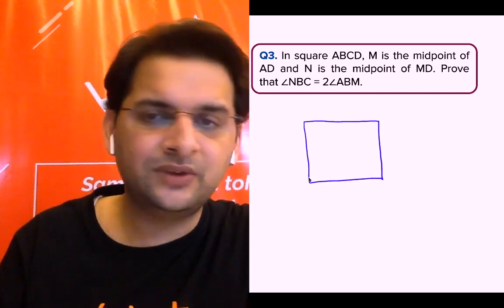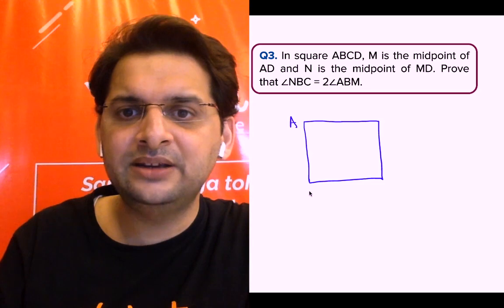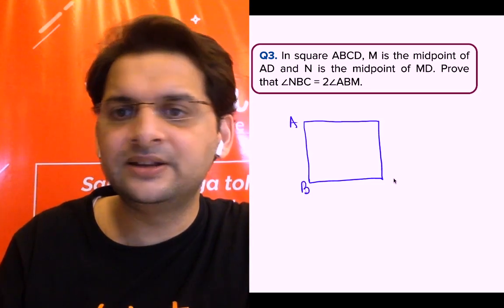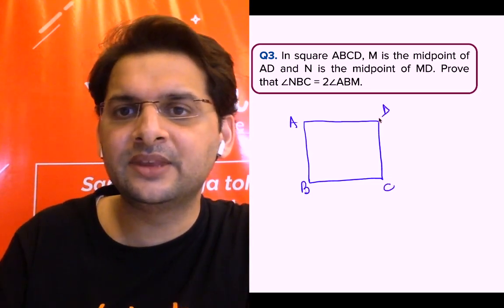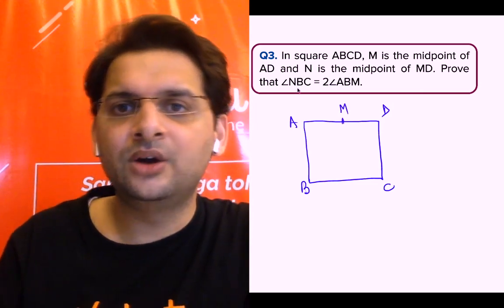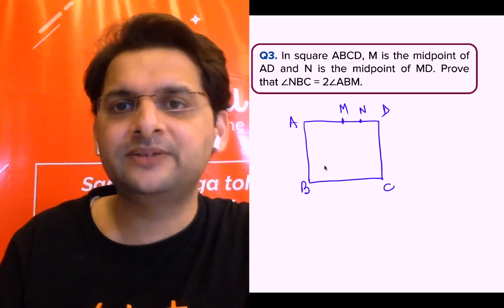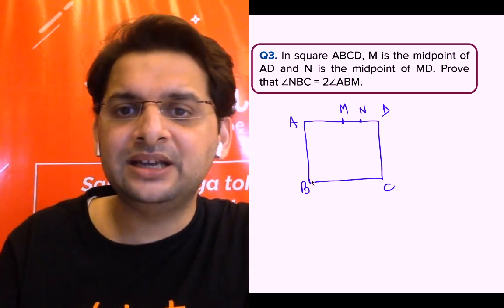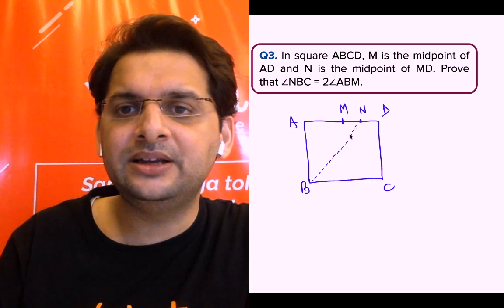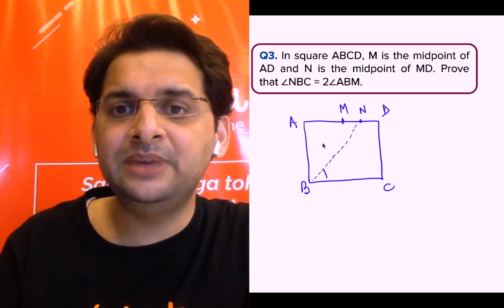So let's say this is a square. Let's say this is A, this is B, this is C, and this is D. Now M is a midpoint of AD and N is a midpoint of MD. N is here, a further midpoint. NBC. So if we join NB, this angle is twice ABM.